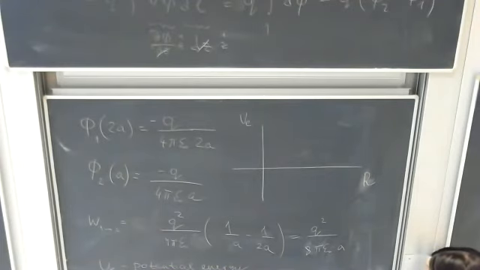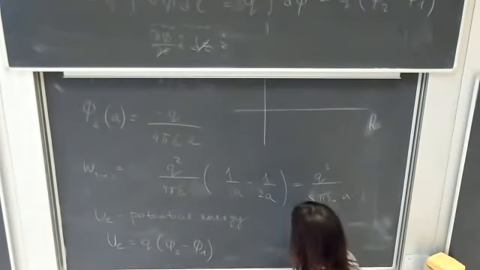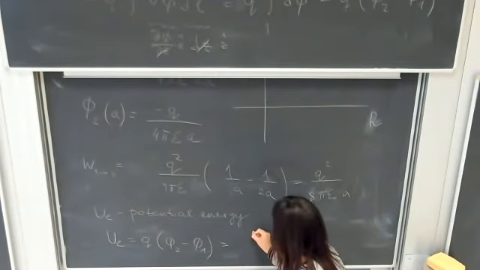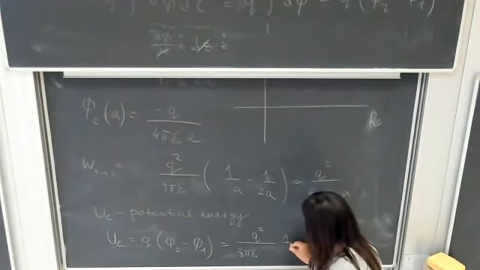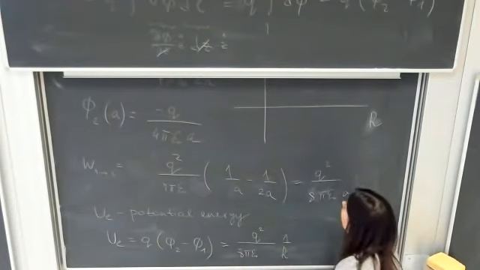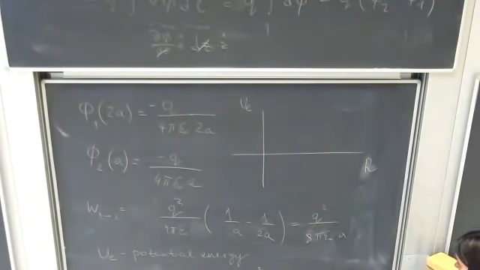And we have this formula, U proportional to Q squared divided by R, if we want to see it in relation with the radius of separation.